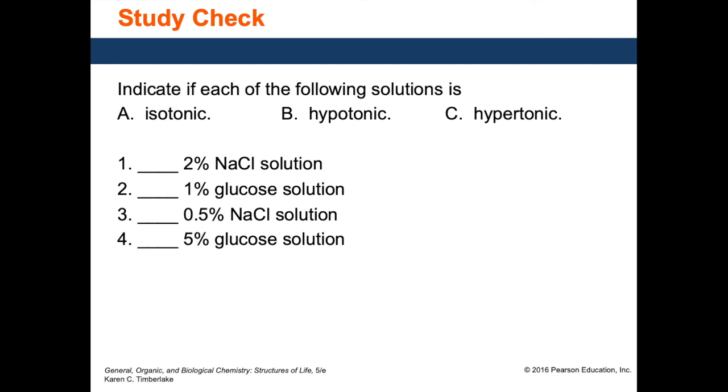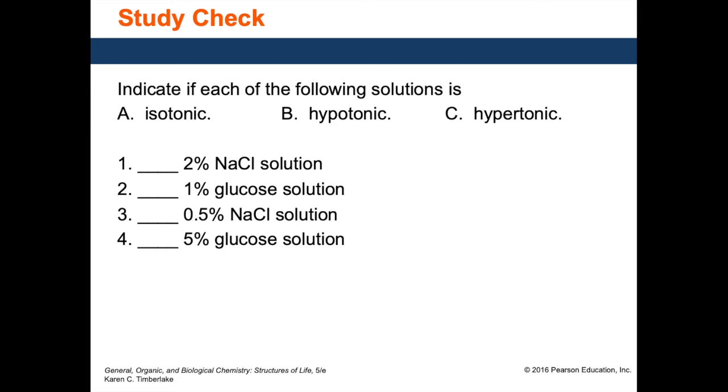Okay, so let's label each of these as either isotonic, hypotonic, or hypertonic. Okay, and again, you can use that prefix hypo to know that we're talking about a lower concentration, and hyper to mean a higher concentration than isotonic. Okay, so take a second and label these.